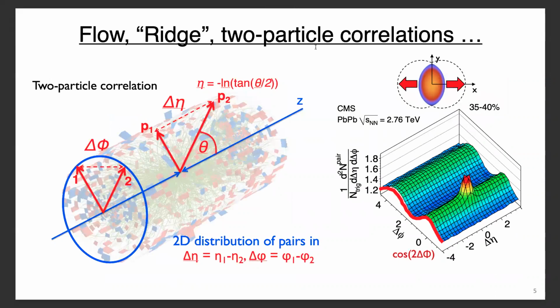I think you've seen this in John's talk if you were here in the first week. This is still my favorite way to see the collective flow effect in heavy-ion collisions, the light collisions, which we call the large system, where you look at two-particle angular correlations in delta eta and delta phi.